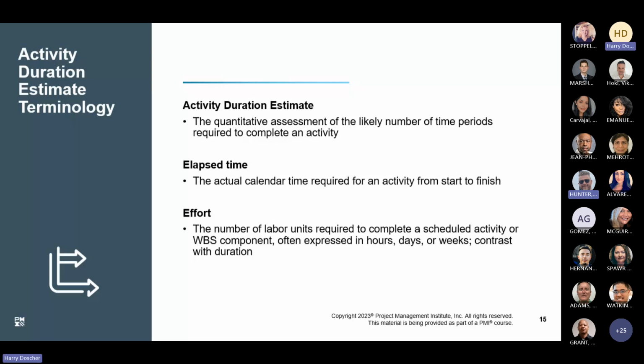So the effort is going to be, you'll see staff weeks used a lot. So it would be 2 calendar weeks times 10 staff or 20 staff weeks. It's the overall effort to deliver what needs to be delivered for that particular activity.